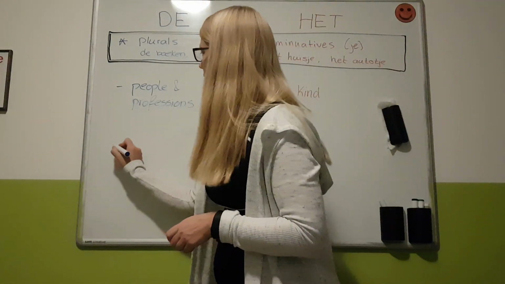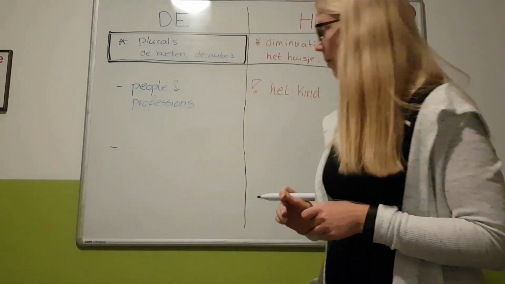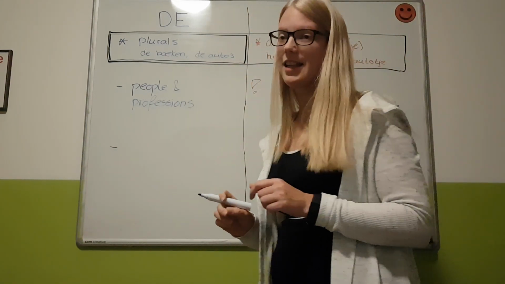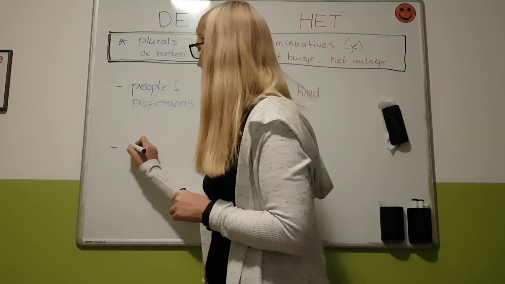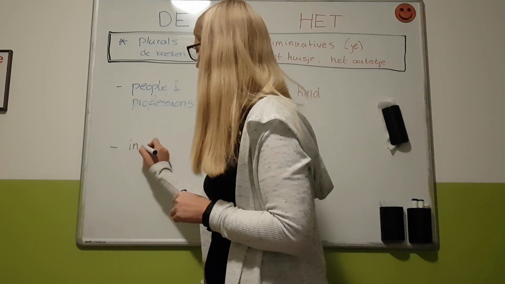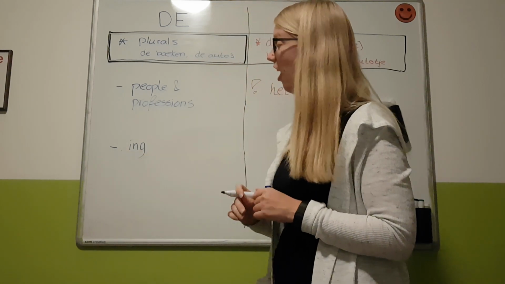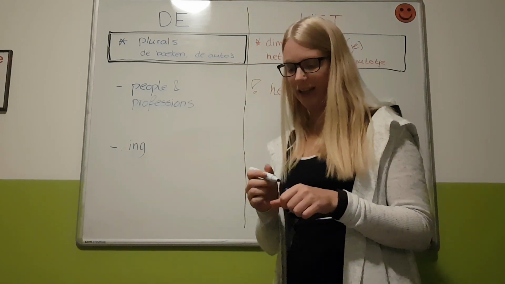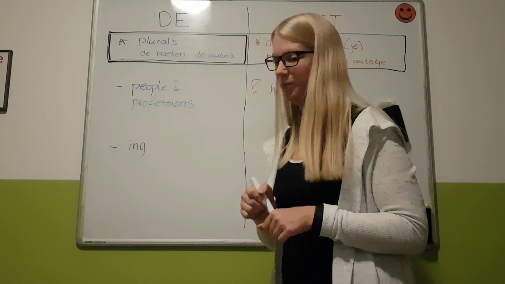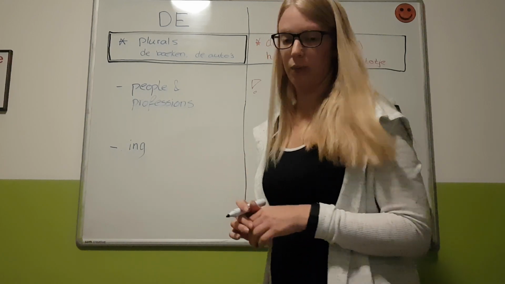Second rule I'm going to introduce to you today is that words that end with ing, so you have a word, and it ends with ing, then it's also always de. Let me put some examples here.